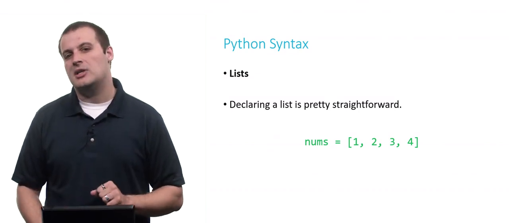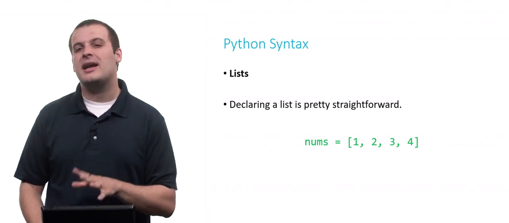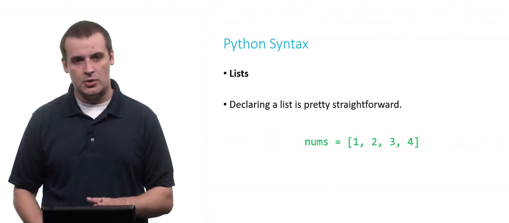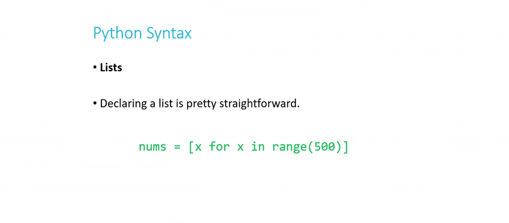Python also has support for something called a list comprehension, which we're not going to get into in a lot of detail here, but I want to show you what it looks like. Nums equals x, and then I have a for loop inside of my declaration of my list. This is called a list comprehension. Basically, I'm using the for loop to generate a list of numbers for me. And instead of doing anything with that list, like where I was printing them out before, I'm using that list that the for loop generates to assign it to nums instead.